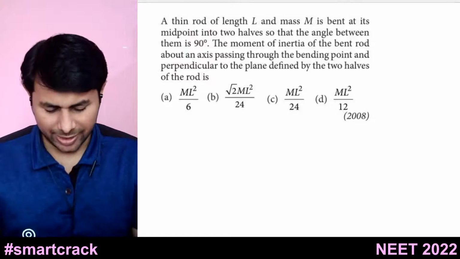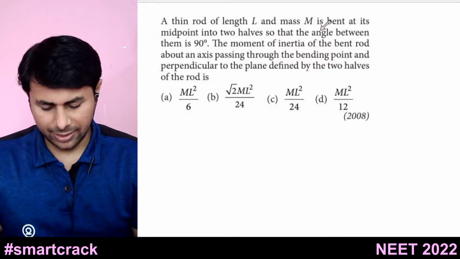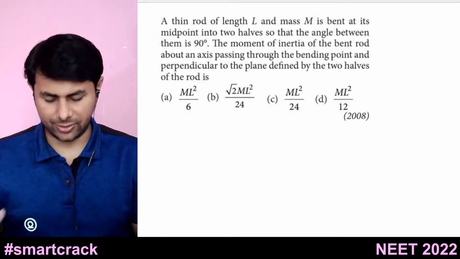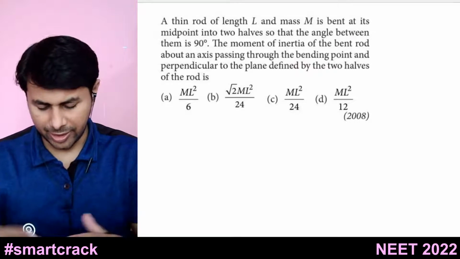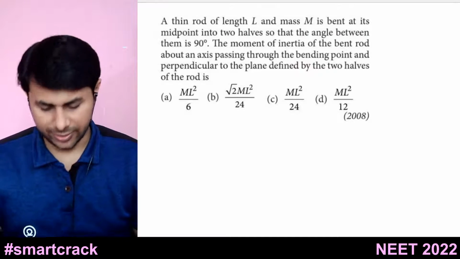This problem is also based upon moment of inertia. A thin rod of length L and mass m is bent at its midpoint. So you have a rod, you bend it at its midpoint into two halves so that the angle between them is 90 degrees.